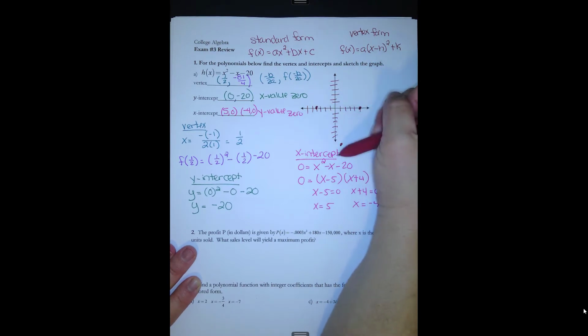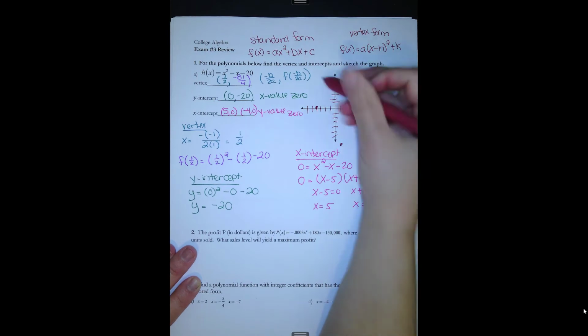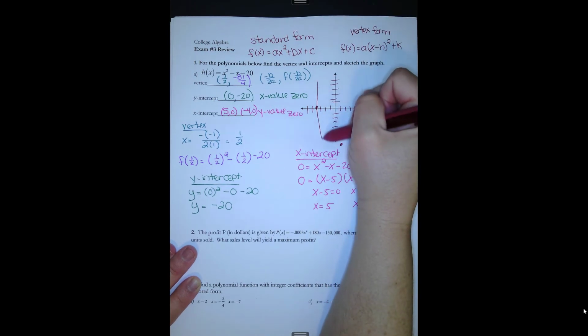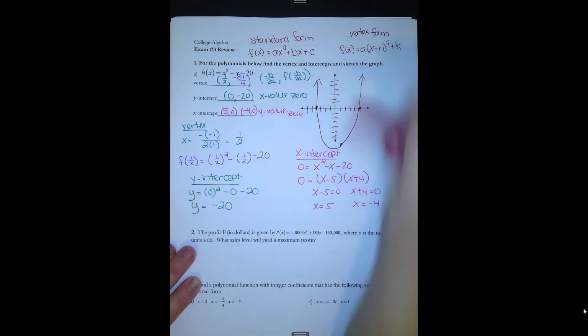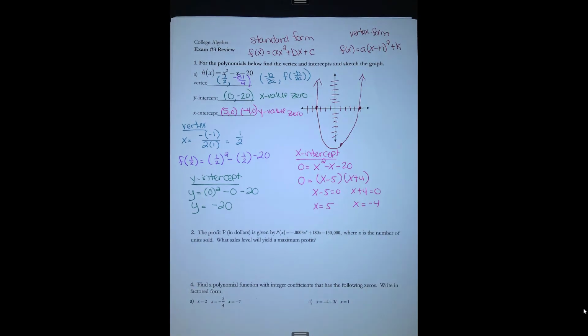And then obviously this is going to cross somewhere way down here because of 0, negative 20. But ultimately, it's going to look something like that.